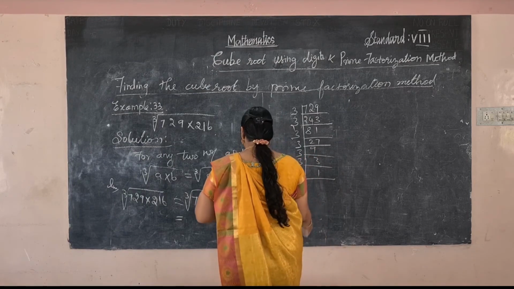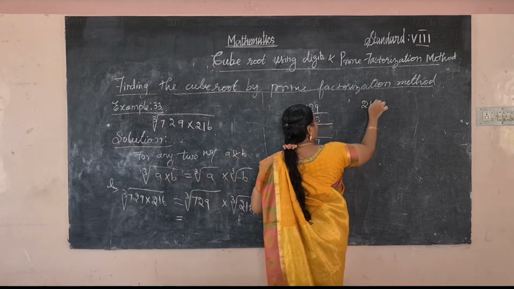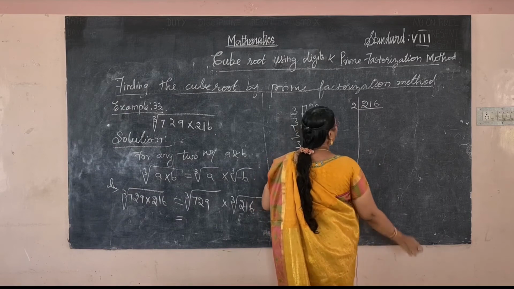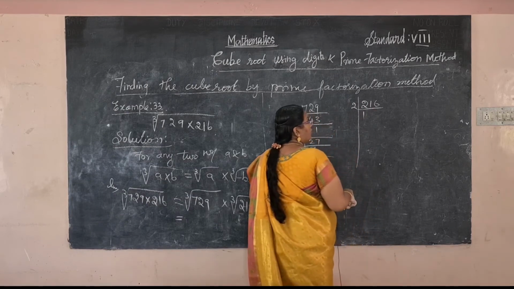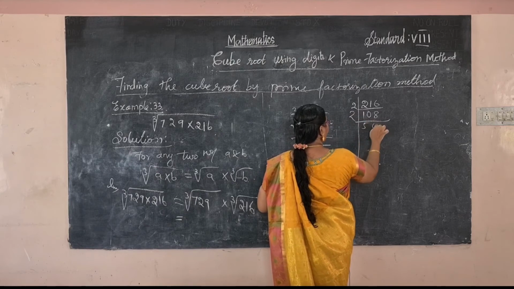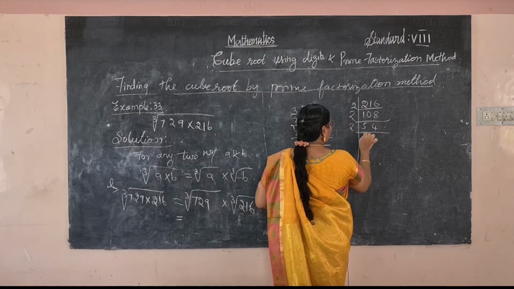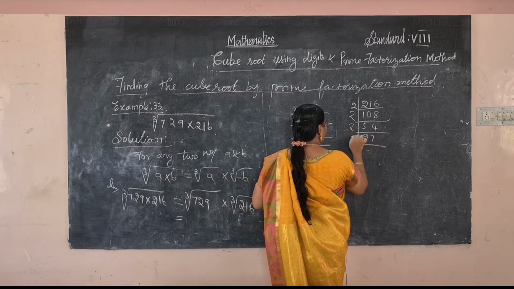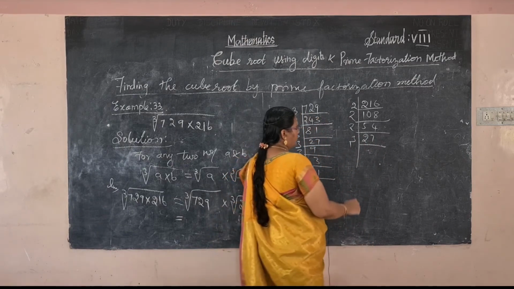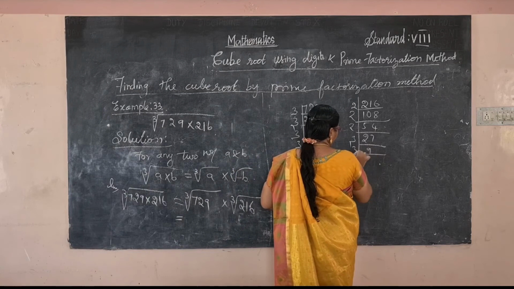And next, the number 216. It's divisible by the prime number 2. So 2 1s are 8, again 2 5 4 2, 2 2s are 4 7, again 2 is possible? No. 3 9s are 27, 3 3s are 9.